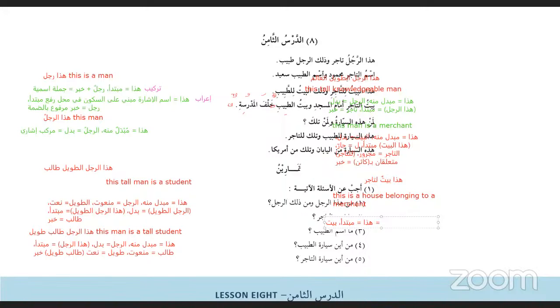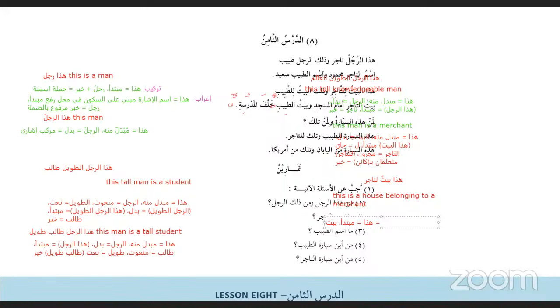We're stuck. هذا بيت لتاجر. If you make baytun khabar, what does the jar majrur litajir become connected to? Any idea, or you're not sure?